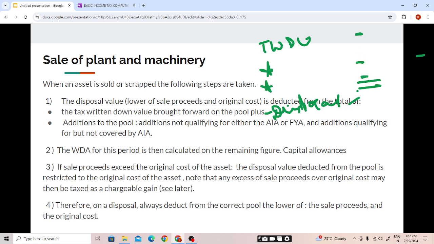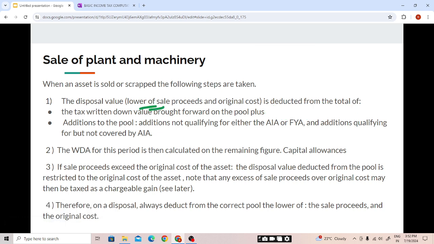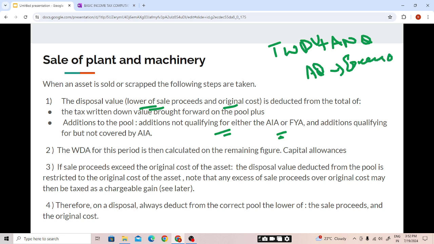From this total we will reduce the disposal value, which, students, is the lower of sale proceeds and original cost, deducted from the total of tax written down value plus the additions to the pool not qualifying for AIA, and additions qualifying but in excess of the AIA limit.